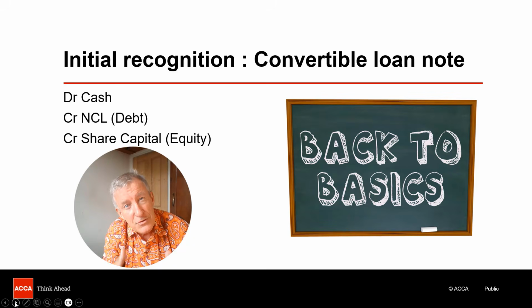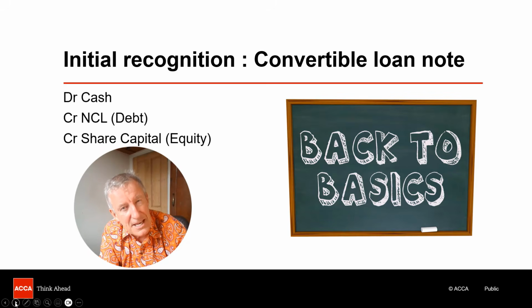We can work out the obligations to pay money out in the future, discount them back in today's monetary terms at the effective rate. Now that will give us a measure of the debt. And the equity element then becomes the balancing figure. It's so subjective valuing what the equity element would be worth. So we do it as a balancing figure.